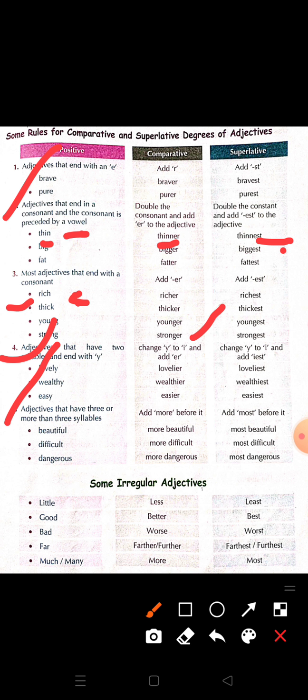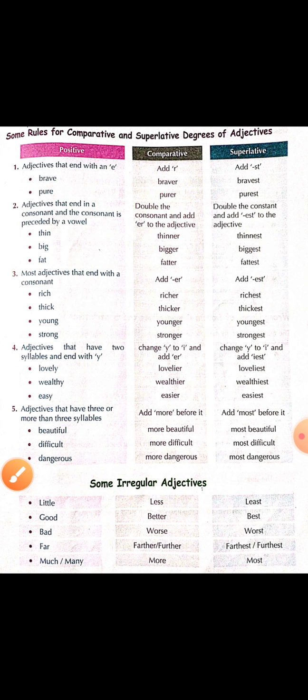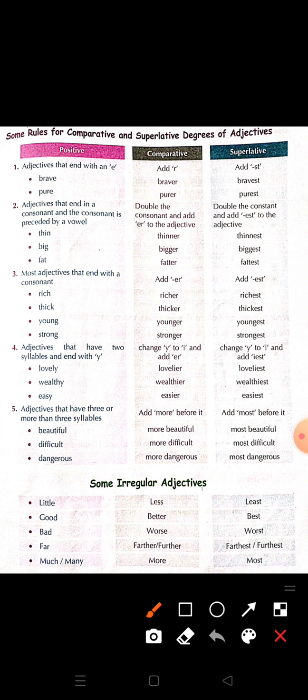So how many syllables? Three. So for those words which have three syllables or more than three syllables, to make comparative degree, we will just add more before the word. So more beautiful. It will not become beautifuler, beautifulest. Wrong.